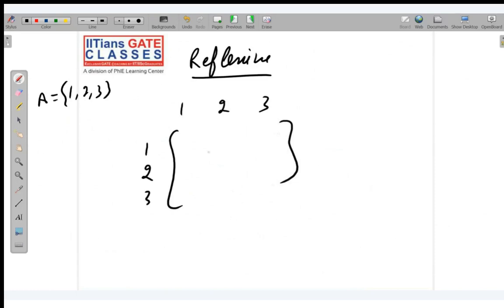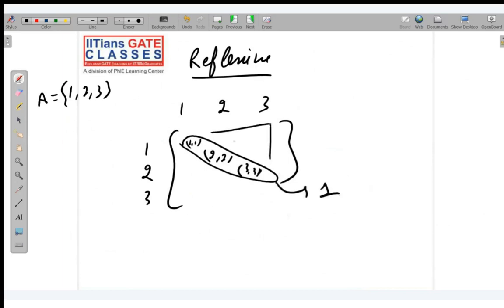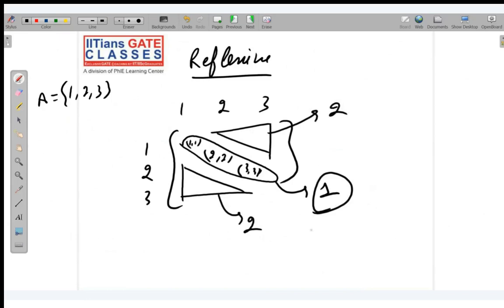For the diagonal there is only one possibility, that means they must be present: (1,1), (2,2), (3,3). This is the upper triangular region and this is the lower triangular region. Each and every element there will have 2 possibilities, and for the diagonal only one possibility.